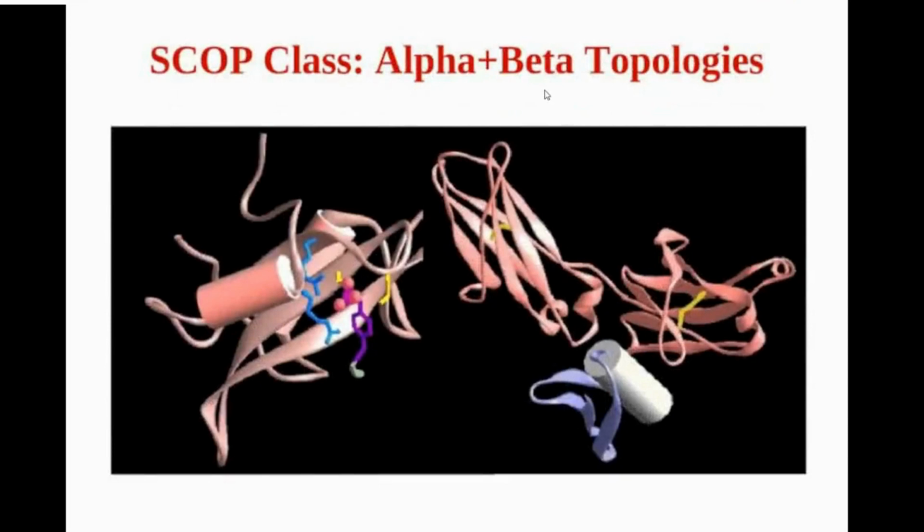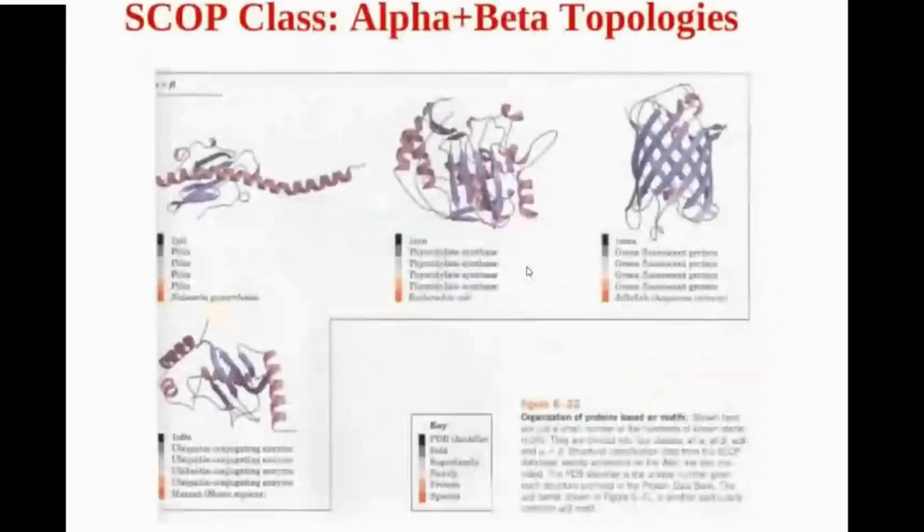Alpha and beta. In alpha and beta, regions are segregated. है ना, देखो यहाँ पे आपका अल्फा अलग से दिख रहा है सिलेंडर, एंड बीटा शीट्स जो है वो रिबन फॉर्म में अलग से है. ठीक है, here the alpha and beta regions are segregated and beta sheets are antiparallel, है ना। एंटी पैरेलल में आपका एरो जो है वो ऑपोजिट दिखाई देगा, देखो एंटी पैरेलल, these are also the alpha beta topologies. देखो यहाँ पर ये एंटी पैरेलल है ना, ऑपोजिट साइड में आपको एरोज दिखाई देंगे.